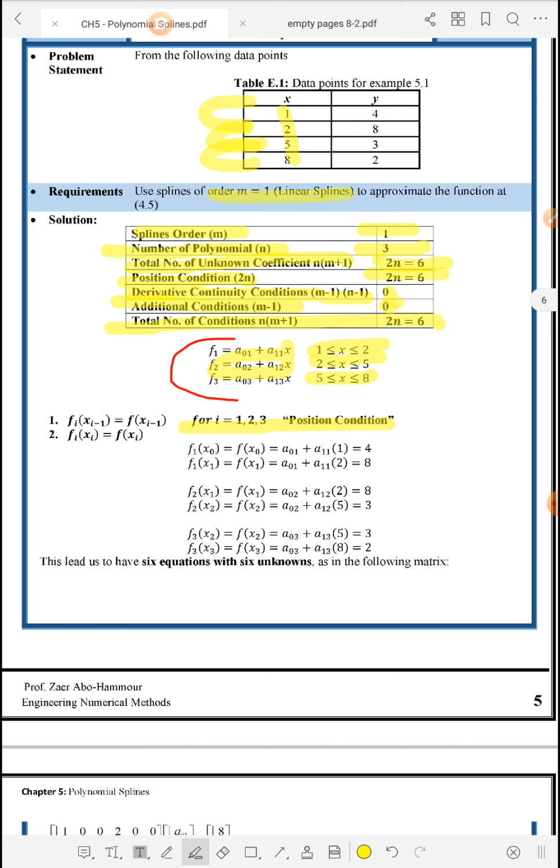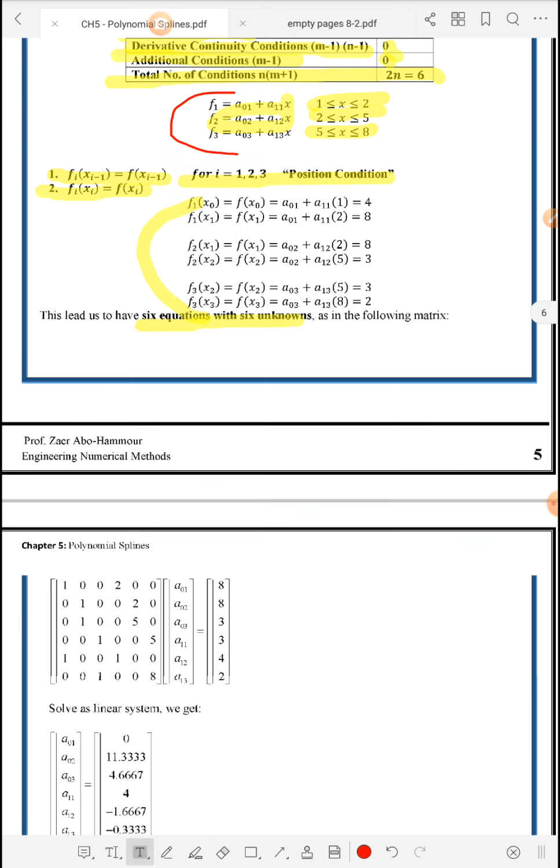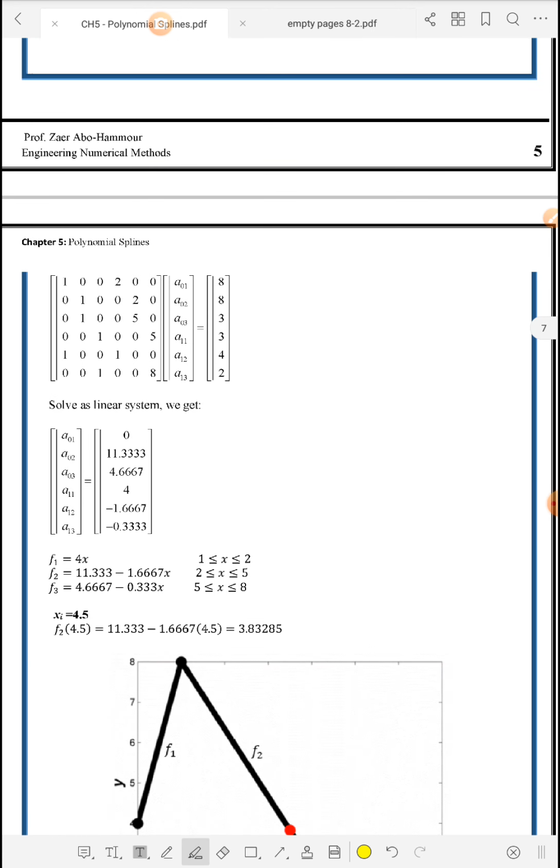For each polynomial we have 2 conditions. So fi of xi minus 1 is equal to f of xi minus 1, and fi of xi is equal to f of xi. So we generate 6 conditions with 6 unknowns, a system of 6 equations, and the unknowns are the a's. We solve it and get the a's, and finally we substitute them and get those equations.